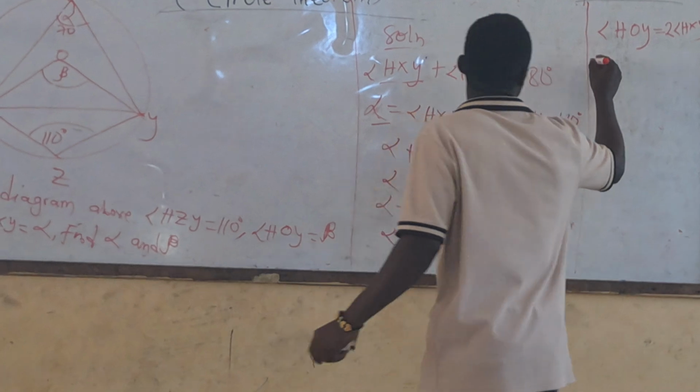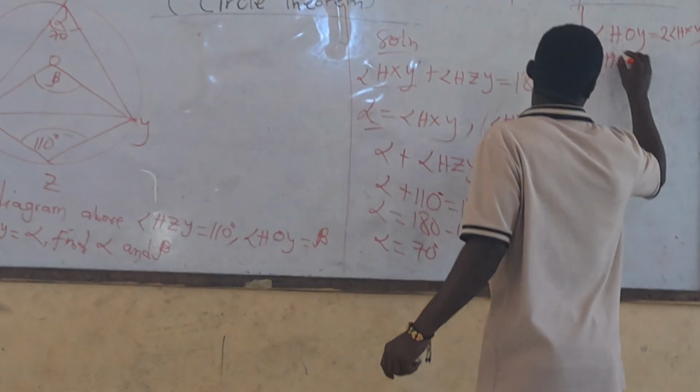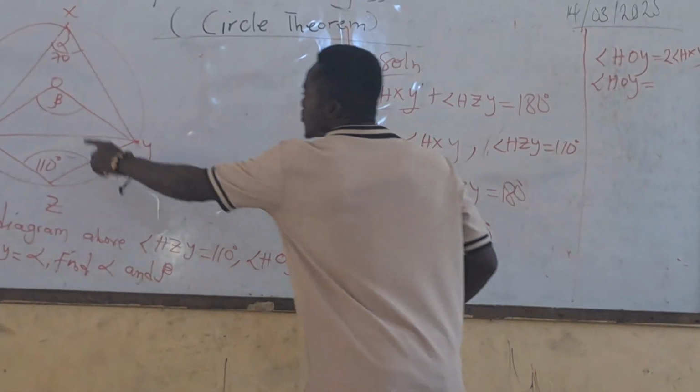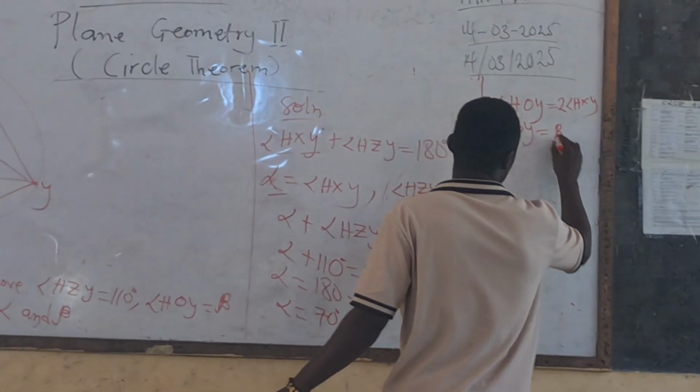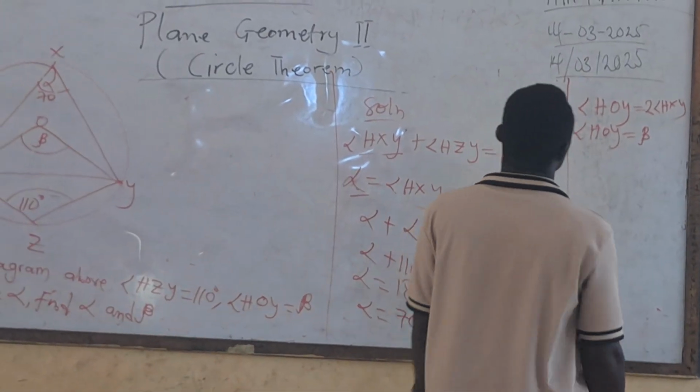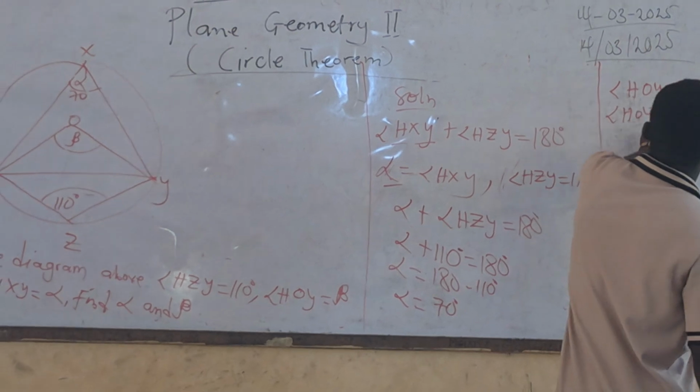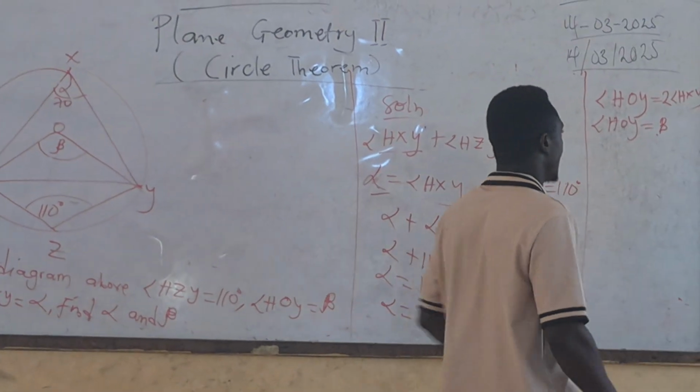You can see that angle HOY is equal to beta. So in place of HOY, you can put beta there.